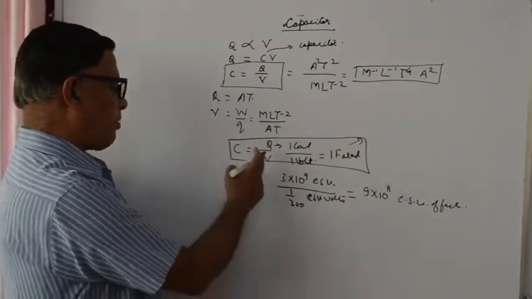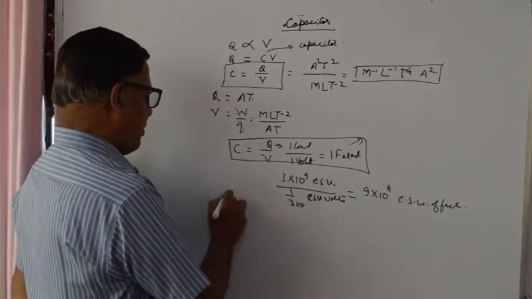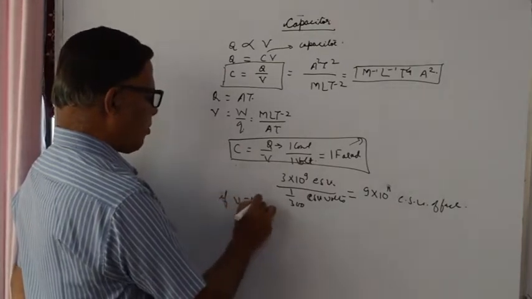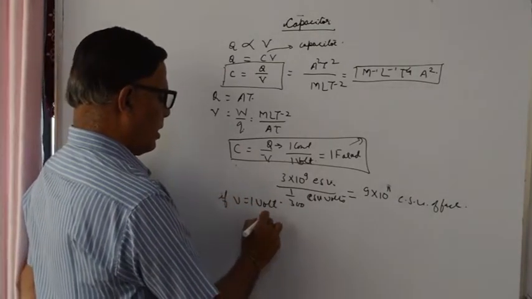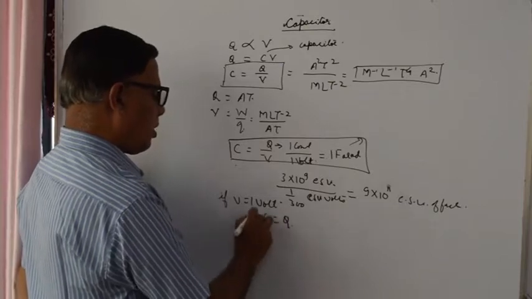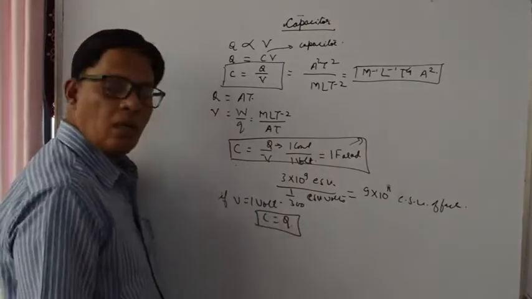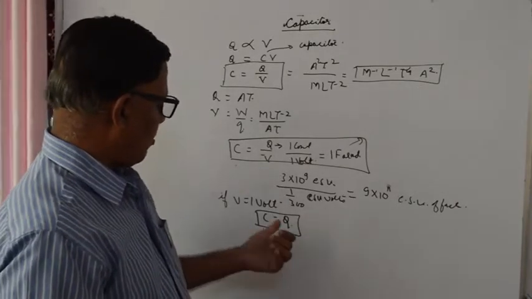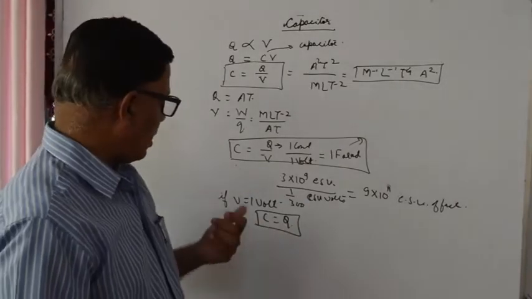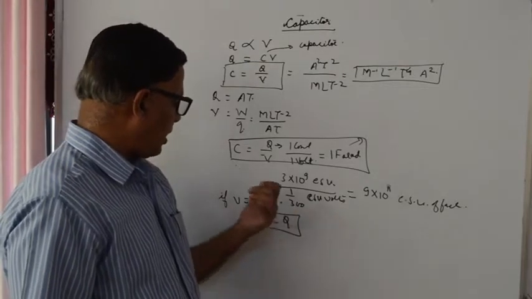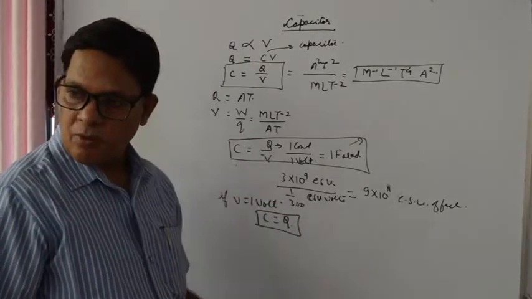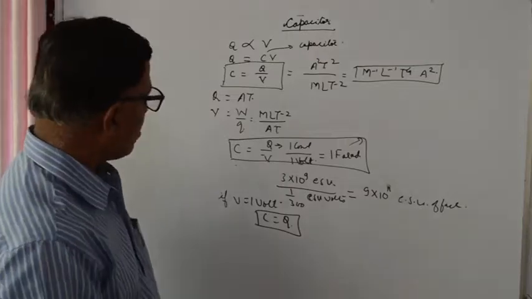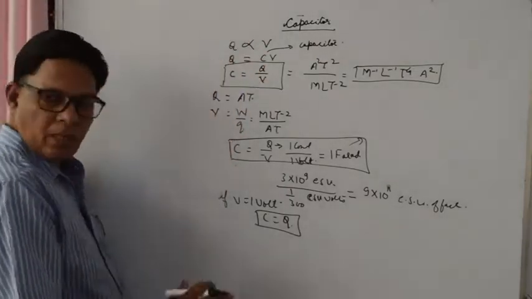We can define the capacity from here. If V is equal to 1 volt, then C is equal to Q, or capacity is numerically equal to the charge at the potential of a conductor if the potential is 1 volt. So this is all about the introduction of the capacity.